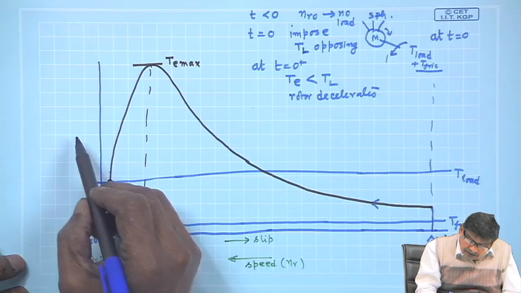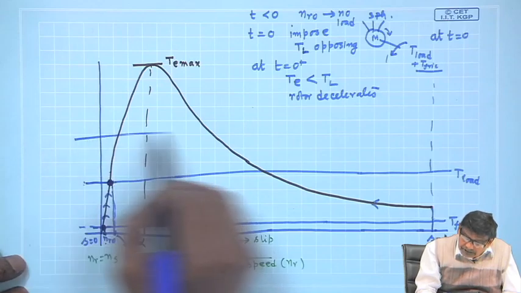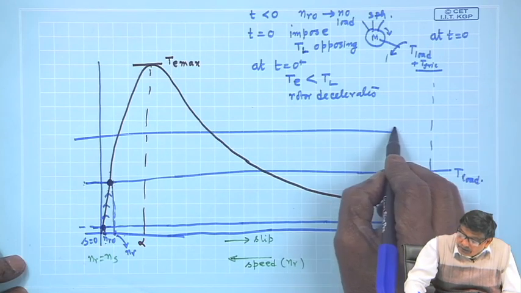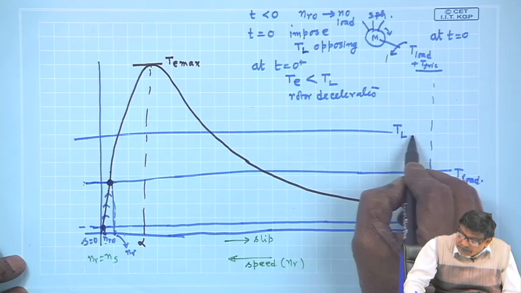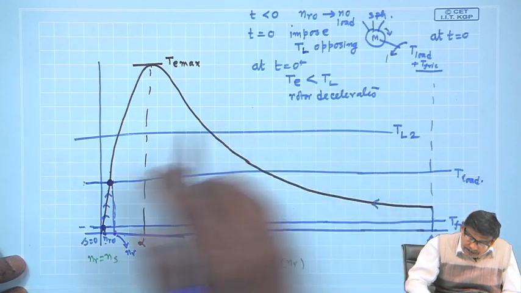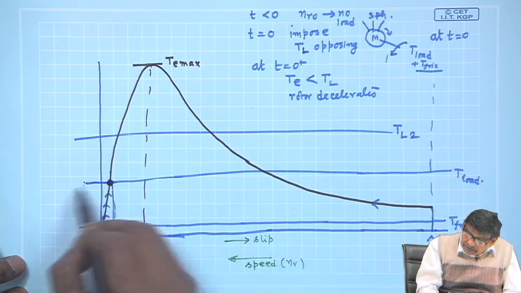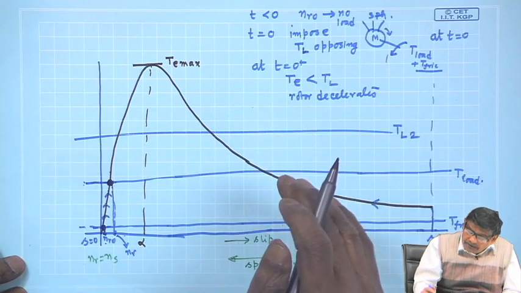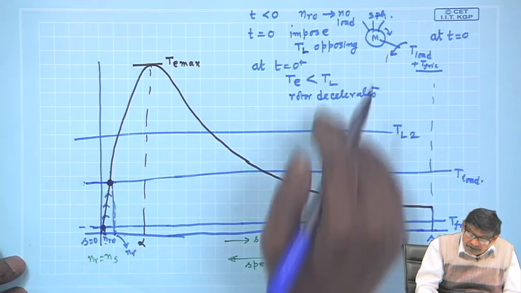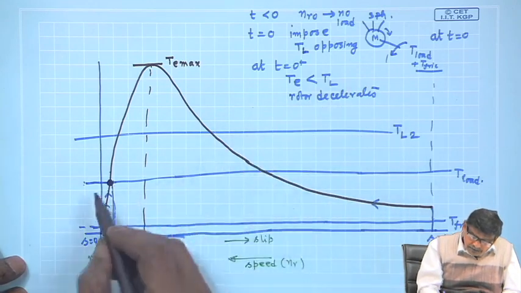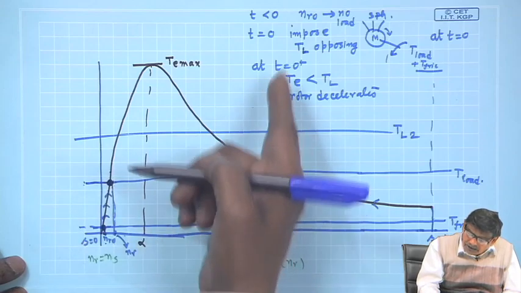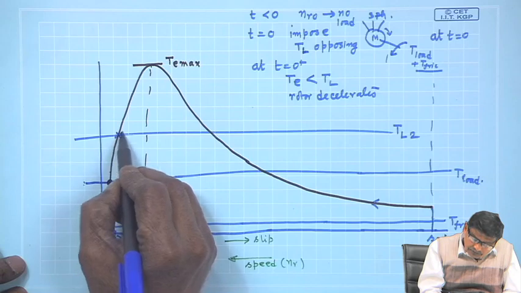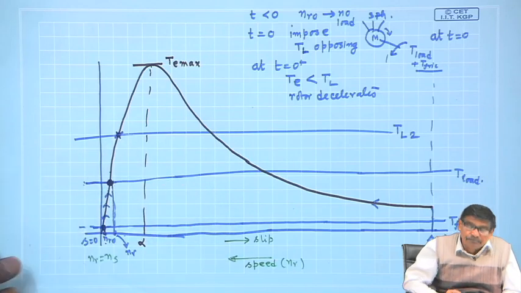Imagine you have increased the load further, T load 1, T load 2. Once again, it was running here with T load supplied, you increase the opposing load torque further, then I know, arguing like this, once again the machine will try to come and settle down here, is it not?